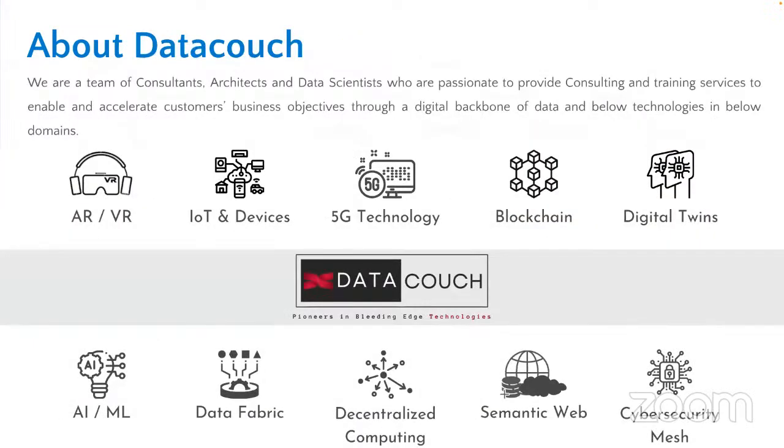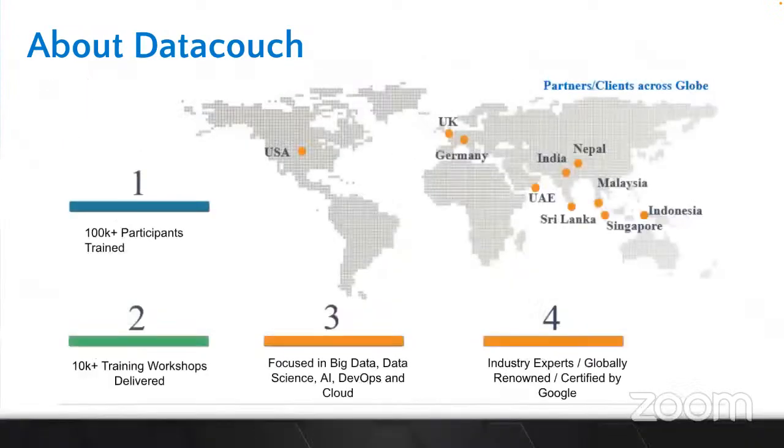Our company is primarily into enterprise trainings, and we also provide architectural consulting and agile consulting. We are into different domains, mostly Web 3.0 technologies. We have delivered workshops across the globe and trained 100K plus participants, in various courses, including self-paced courses, live virtual instructor-led classes, and in-person workshops.